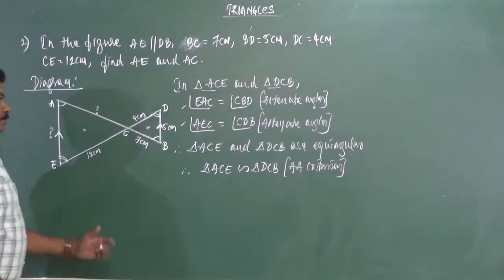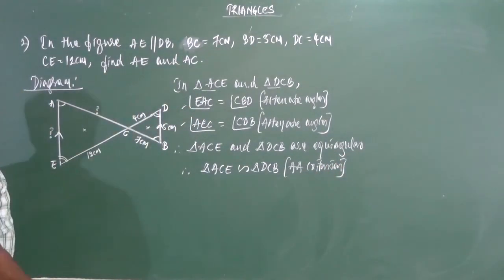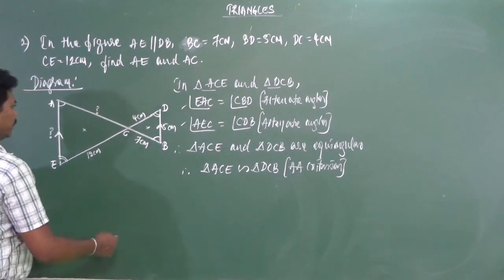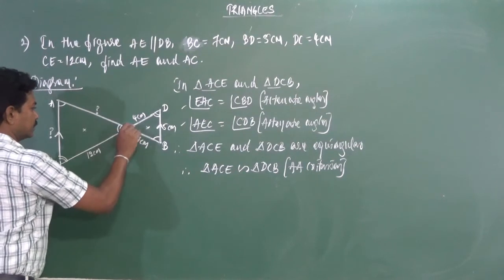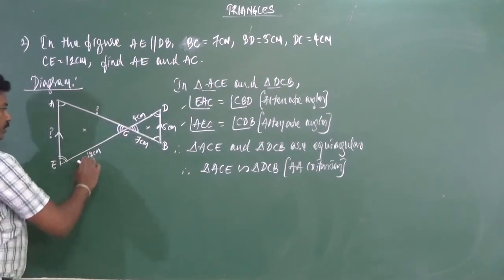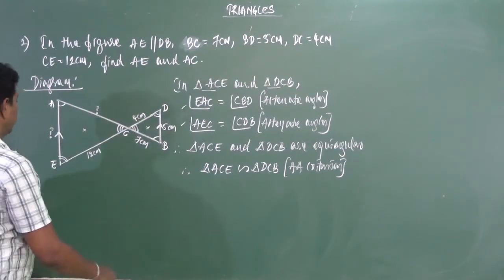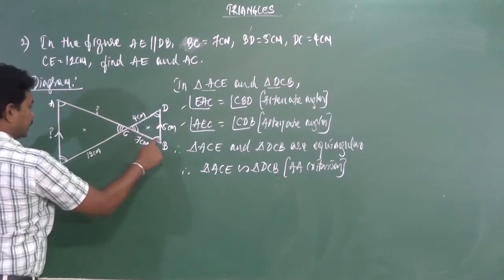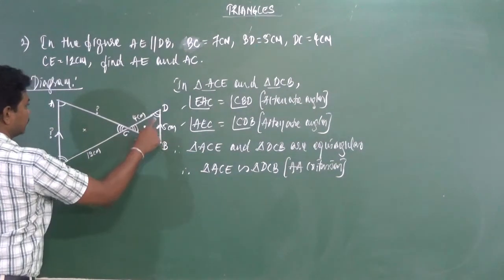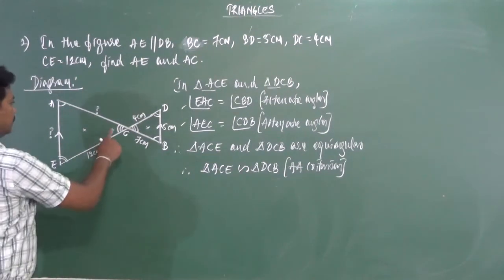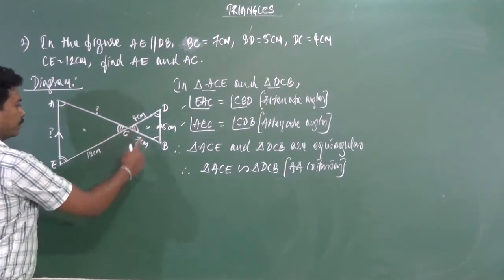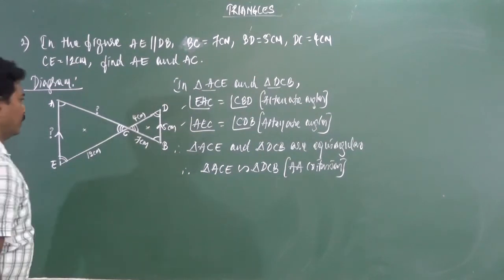So we have got the criterion, that is similarity. Now we can go with the corresponding sides. We can mark the third angles, which are equal. So this angle is equal to this angle because they are corresponding angles, and this angle is equal to this one because they are corresponding angles.